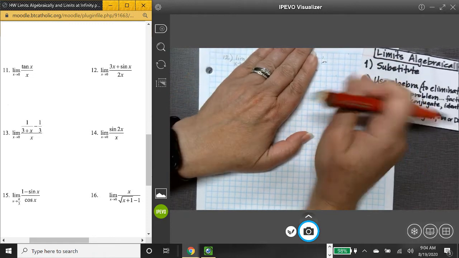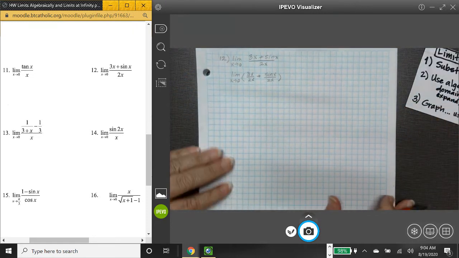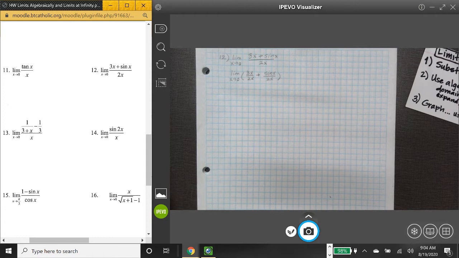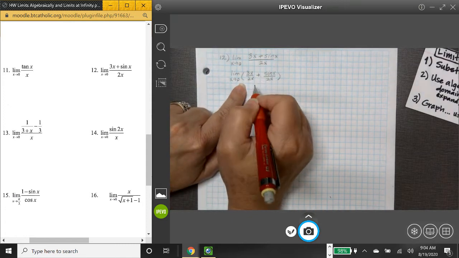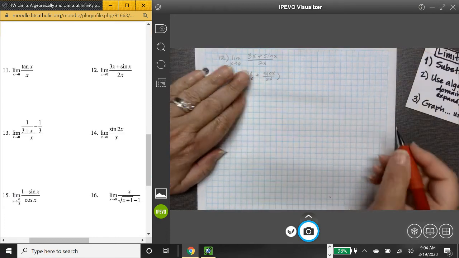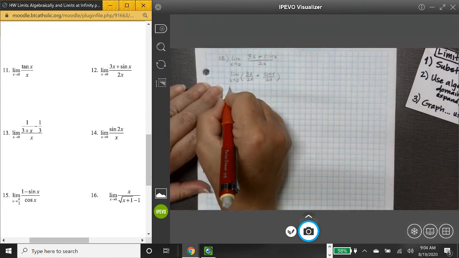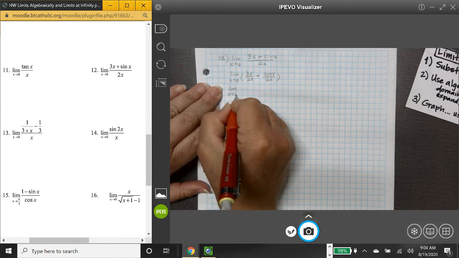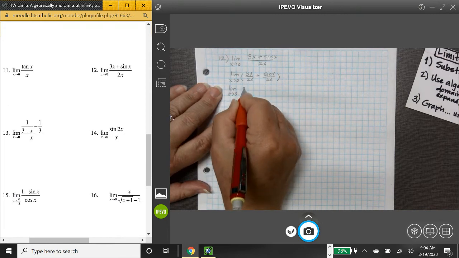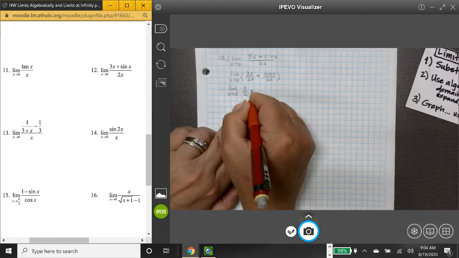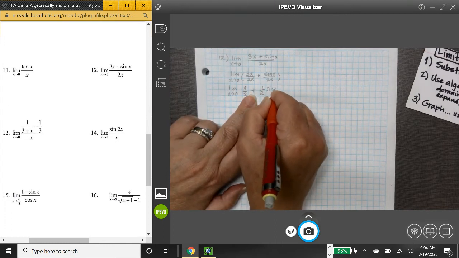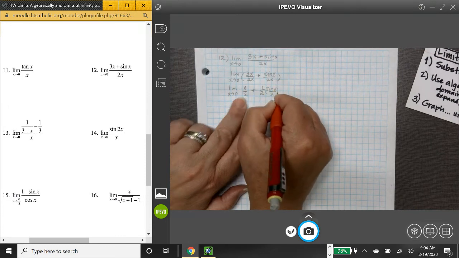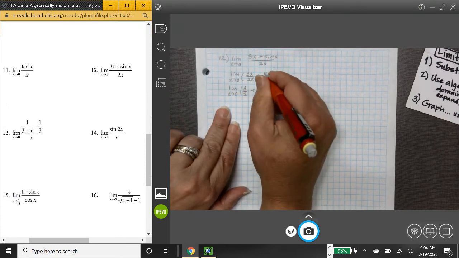So I call that the celebrate factor, like celebrate good times, come on. That's what you do when you have a singular denominator and you can bust it up. And again, I can simplify this. The limit as x approaches 0 of these x's cancel, and I'm left with 3/2 plus, now I can say that this is 1/2 times the sine x over x, because this has arrived on the scene now, our favorite limit.